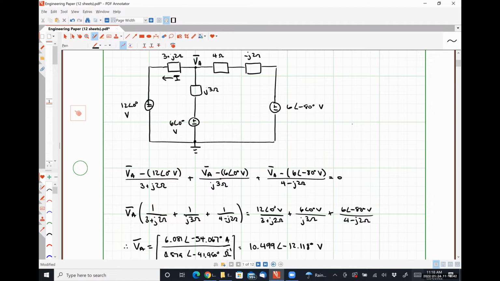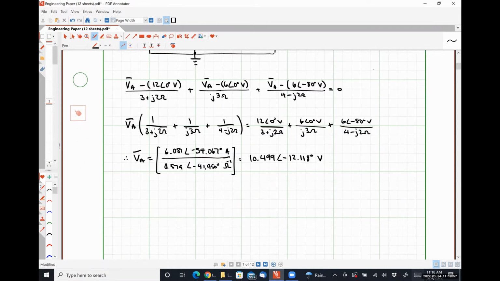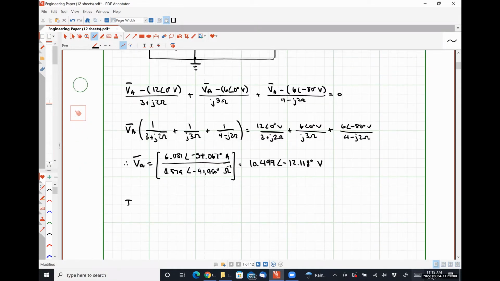The nodal voltage on the positive polarity side minus the nodal voltage on the negative polarity side, I'm assuming those polarities because I'm just saying the current flowing into the positive polarity side. Okay. So the I that we're interested in is simply VA minus 12 angle 0 degrees volts divided by that impedance of 3 plus j2 ohms.